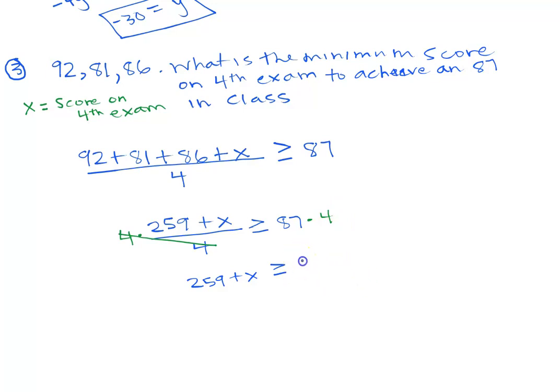Okay, 348. And then what's left to do? Subtract. Yep, let's subtract that 259 over, because we're just trying to get x by itself. All right, so then x needs to be greater than or equal to what?